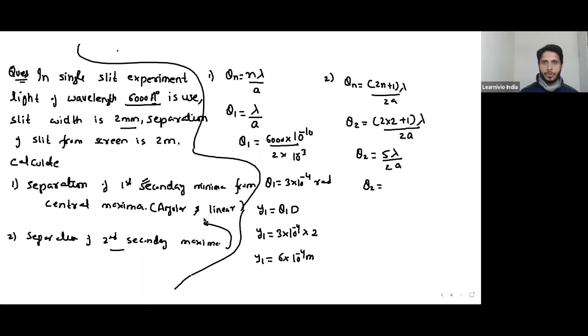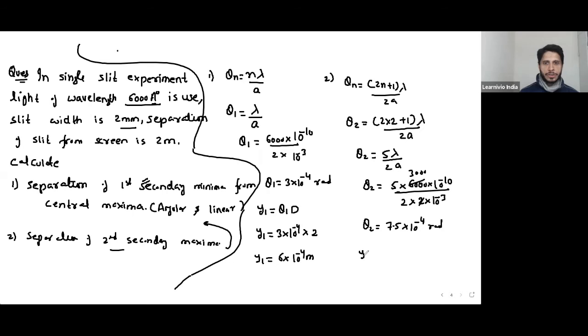If I substitute values here, it's 5 into lambda, which is 6,000 into 10 raised to the power minus 10, by 2 into a, which is 2 into 10 raised to the power minus 3. So your theta 2 is, if I cancel this here, 3,000. 5 3s are 15, it's 7.5 into 10 raised to the power minus 4 radian.